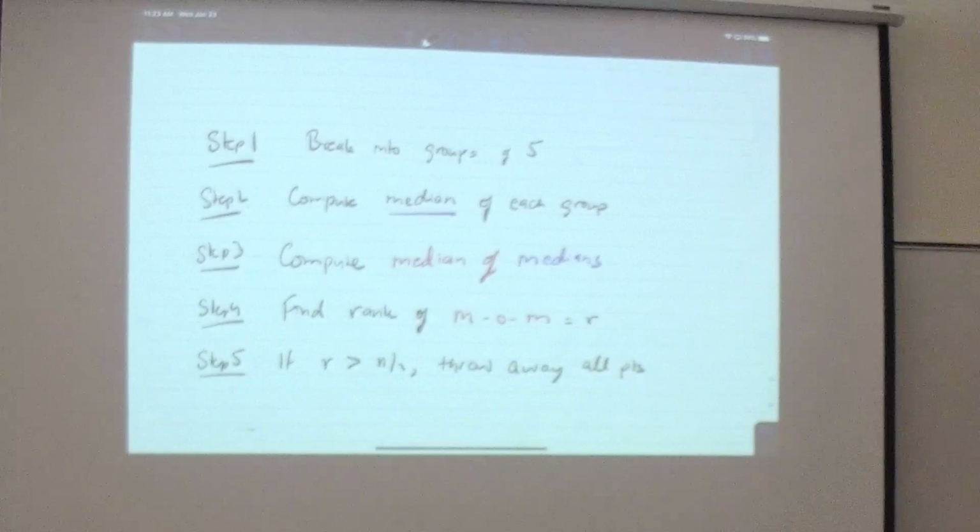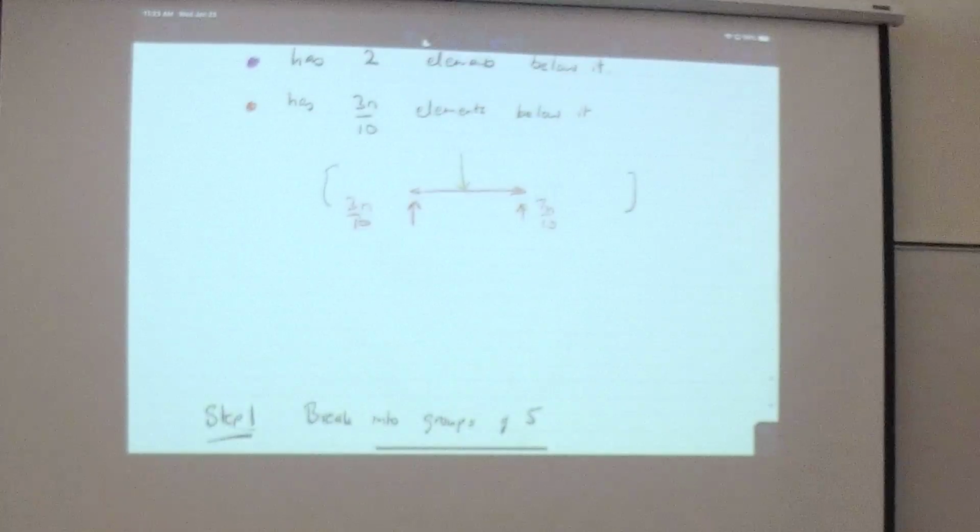Which point should I throw away? Let's move back to this picture. So my rank is more than n over 2. Which point should I throw away? I heard mumbling. Point on the right, 3 over 10. Who said points to the right?